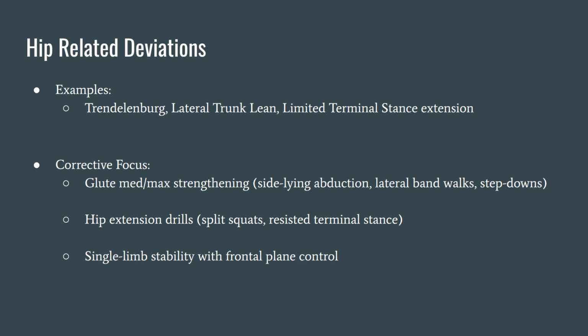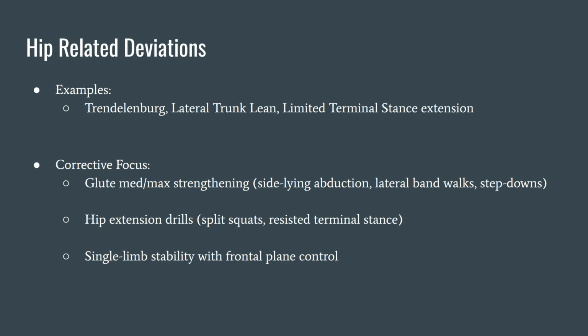Some ideas for corrective exercises include gluteal strengthening, such as side-lying hip abduction, to progression of lateral band walks, to then a progression of step downs.